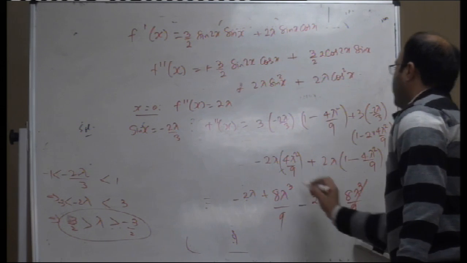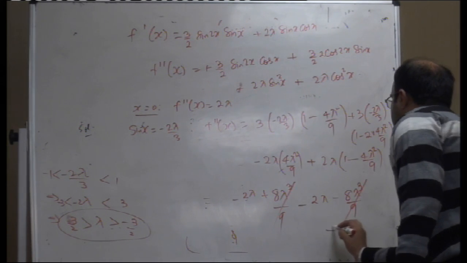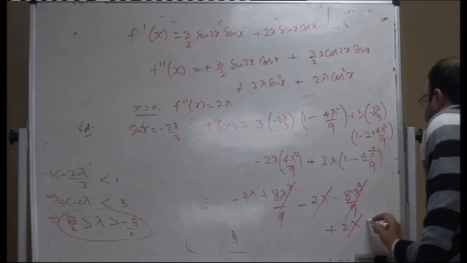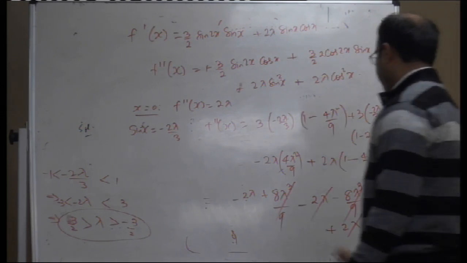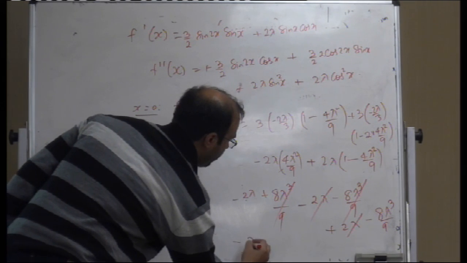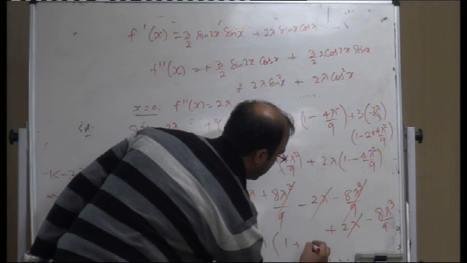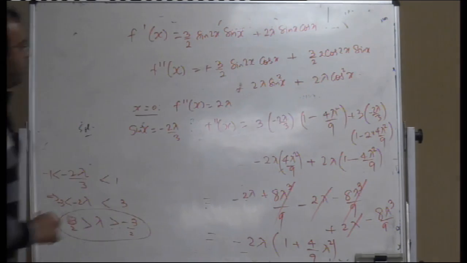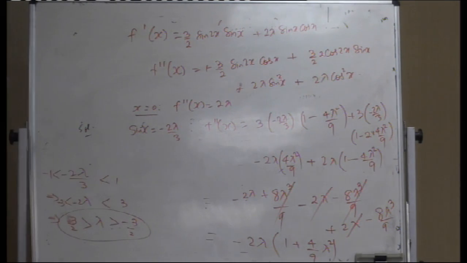So ये cancel हो गया और फिर हम ये लिख सकते हैं कि plus 2 lambda, so this calculation is becoming easier, minus 8 lambda cube by 9. So finally what we get is minus 2 lambda common and this would become 1 plus 4 upon 9 lambda square, right?